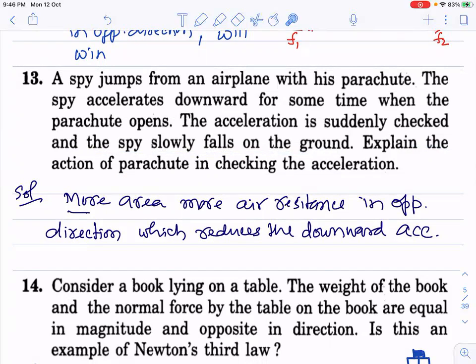So initially there's free fall. Later on, when the parachute opens, there is more area, therefore more air resistance in the opposite direction, which reduces the downward acceleration. More area बढ़ जाता है, air resistance ज़्यादा हो जाता है for the same weight.